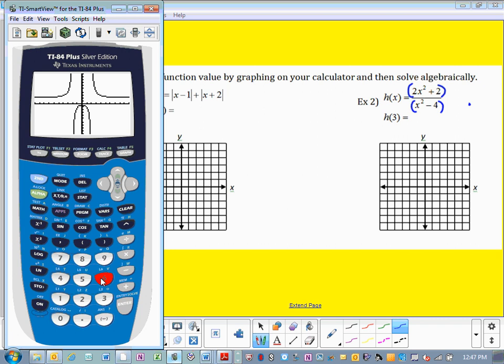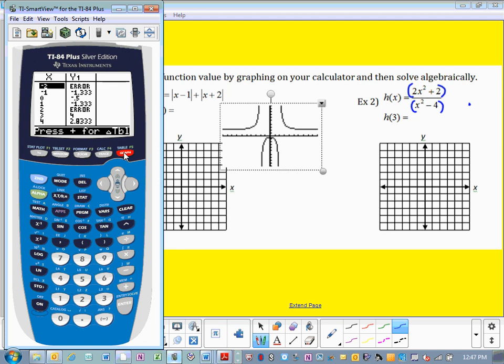This crazy thing? Yeah? Use your table to get some good points. There aren't a lot. There's a couple good ones in there. Basic shape's also good enough. Ooh, I see 2 error messages. What is going on with those error messages? Vertical asymptotes. Good, vertical asymptotes with the error messages.